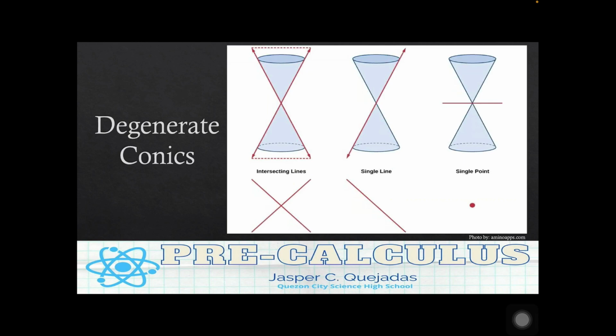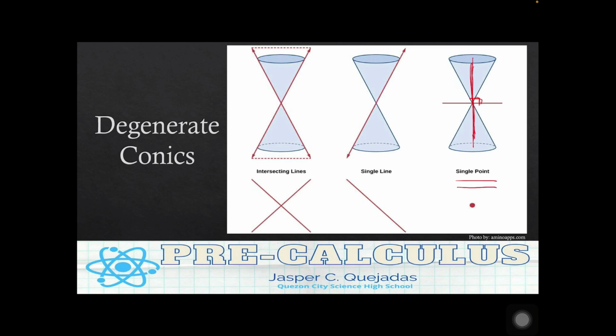Okay, so the first example is if the plane intersects the cone and it is perpendicular to the axis, the conic section that will be formed would be a point, a single point.